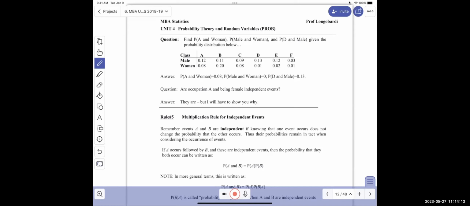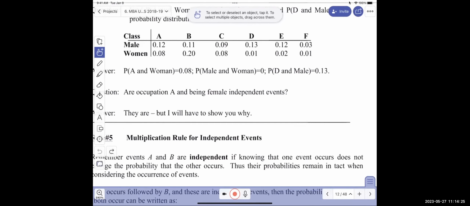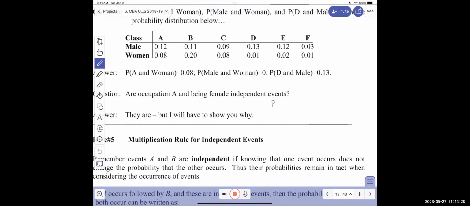The easiest way to do this is just to assume that they are, and then find evidence that they're not. So if they're independent, then this has to be true, correct?